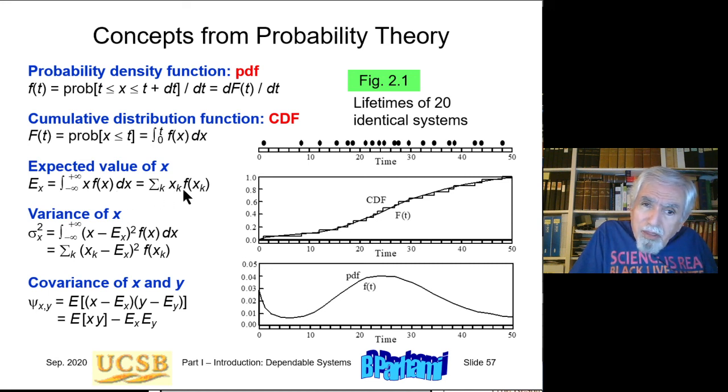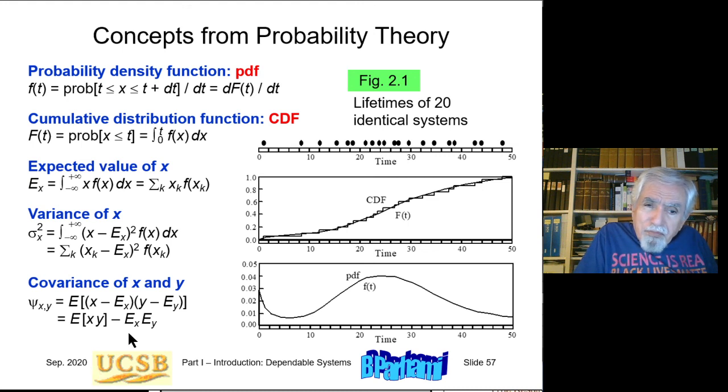So xk is one of the possible discrete values that the random variable can assume. Probability of that discrete value multiplied by that value, summed over all possible k indices, is the expected value.